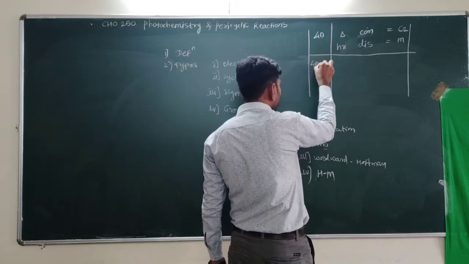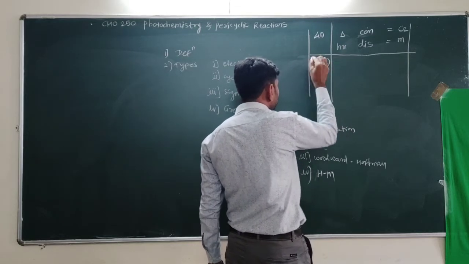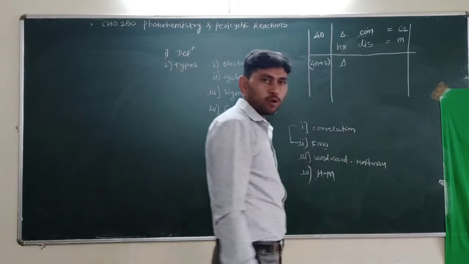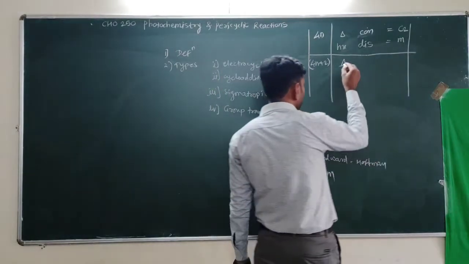Now the 4n plus 2 pi electron system. When this system is activated by thermal mode of activation, it is allowed by disrotatory motion, and that symmetry is there for bonding overlap to occur.